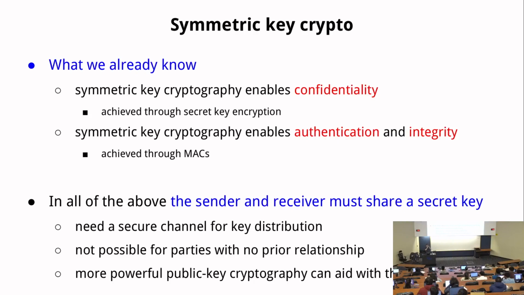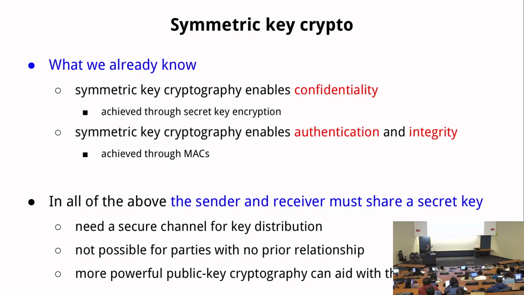Just two things. One is called confusion, another one is called diffusion. Basically, substitution and also transposition. Okay, that's our main two approaches to design symmetric key crypto. And using symmetric key crypto, we can guarantee confidentiality.